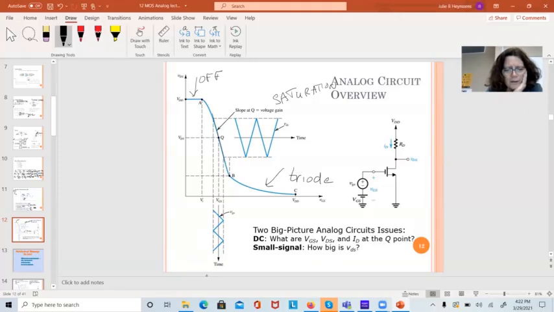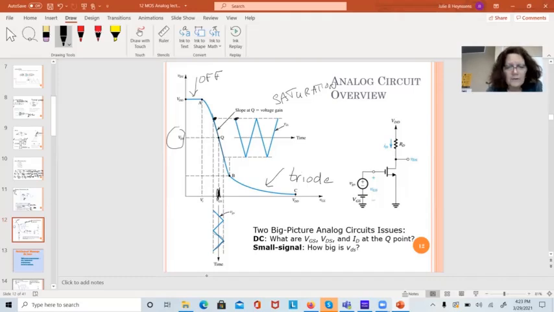What I want here for an amplifier is I'm going to put a very small signal on VGS. So I've got some DC value of VGS right here that's greater than V threshold. And I add some small signal to this. As little v_gs reaches its minimum value, I'm at this operating point right here on the VDS axis, which means my output voltage, my VDS, should be about right there.